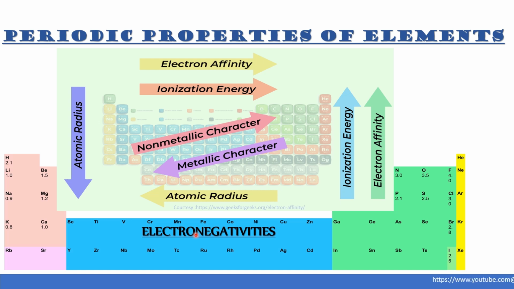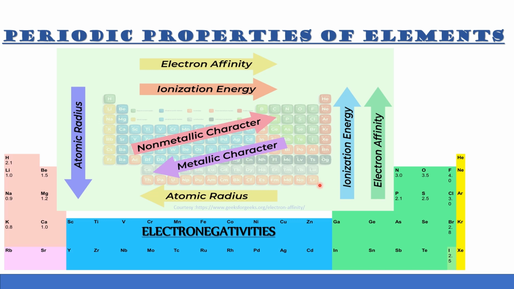Electronegativity represents the extent of sharing of an electron in equivalent bonds between the two atoms which are covalently bonded. Now, whether it is electron affinity or electronegativity, both of them increase as we move in a particular row from one element to the other element.